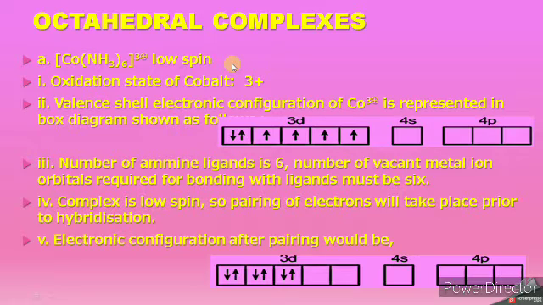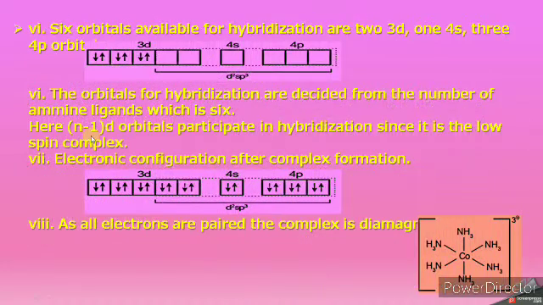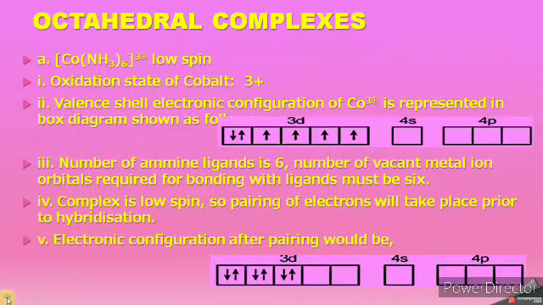When this cobalt atom donates 3 electrons, 2 electrons are donated from its 4s orbital and 1 electron is donated from the 3d orbital, then the electronic configuration becomes argon 3d6 4s0. 4p is already 0.